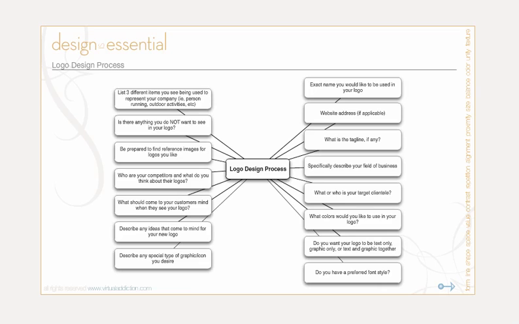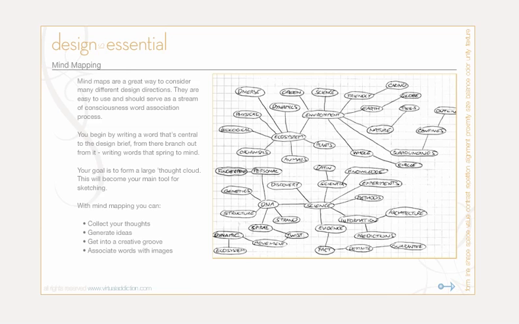Once you have amassed the answers to these questions, you'll begin by actually sitting down with pencil and paper. And yes, I did say pencil and paper and not at the computer. When you begin the logo design project, a very important step is to create a mind map. Mind maps are great ways to consider many different design directions.